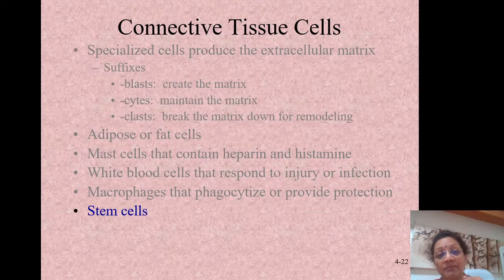Stem cells, they are the one step before the blasts. They are sitting there, they can become anything depending on the need, depending on what is being lost, depending on what more is required. So stem cells are like a waiting master cell which can immediately rise to the occasion and deliver whichever kind of cell is required in large numbers by doing rapid mitosis.